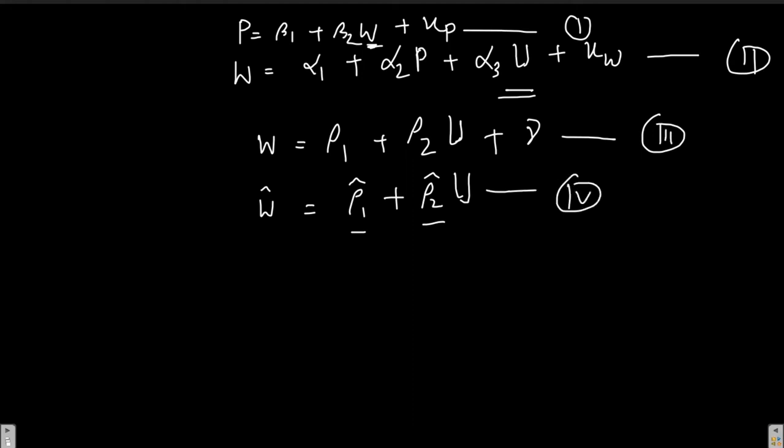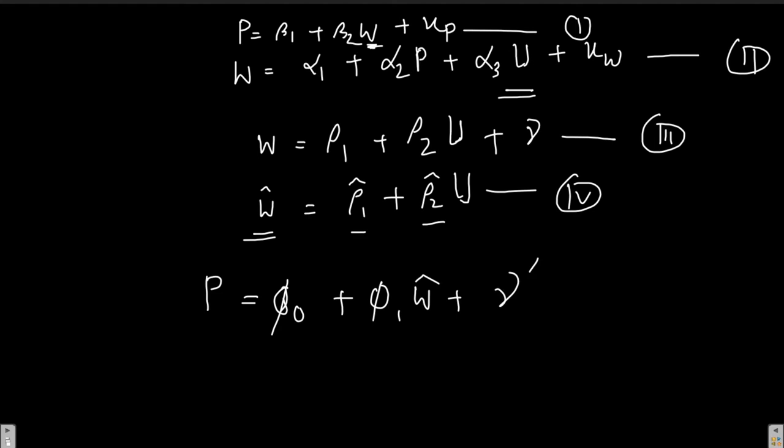Now I will use equation 4, W hat, and replace the W here. So now my P is going to be some gamma 0 plus gamma 1 W hat, and then I have some other error, let's say mu prime.